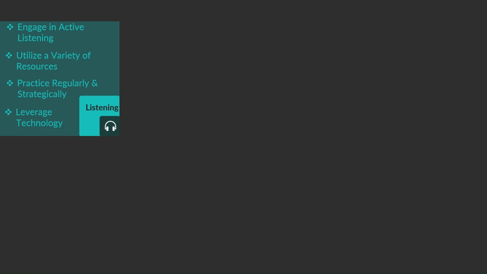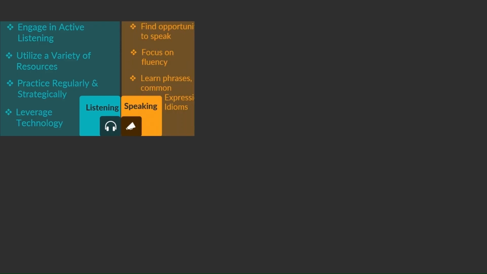So all these come under the category of leveraging your technology. In this technology world, you have access to so much information for free. So leverage it. Next, we'll see the second pillar of English language, speaking.